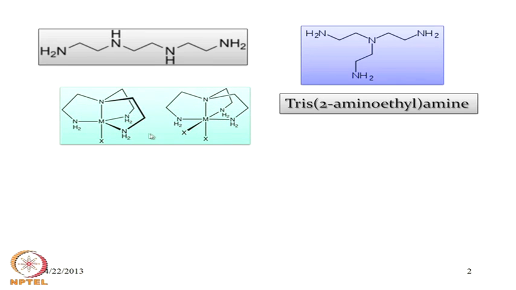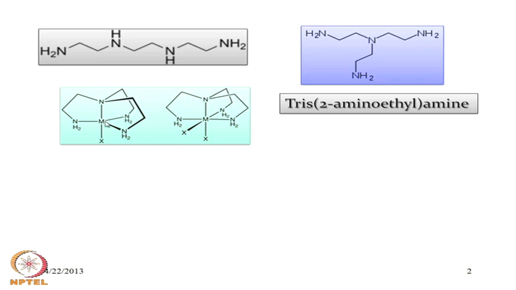So, if we simply use this particular tren ligand, the tris(2-aminoethyl)amine ligand, and it is binding to any metal center, this is the central nitrogen, and this nitrogen is bound over here. This is one aminoethyl backbone, this is the second aminoethyl backbone, and the other one is the third one.